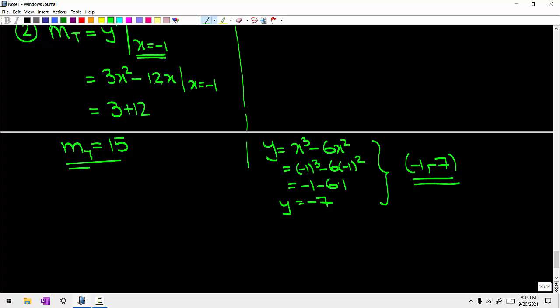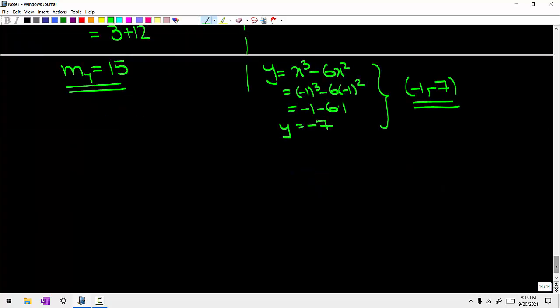My slope is this. I can find the equation of the line using the point slope form. So I get y is equal to m times x minus x1 plus y1. So this is my x1, y1, and this is my slope. Instead of calling it mt, I'm just calling it m, or you can put a t out here if you'd like.